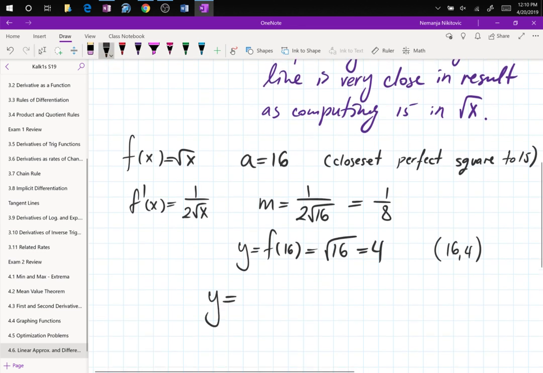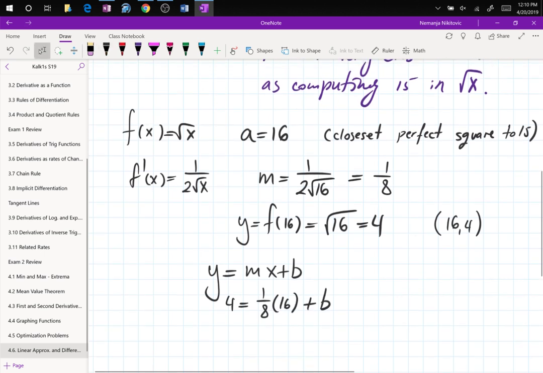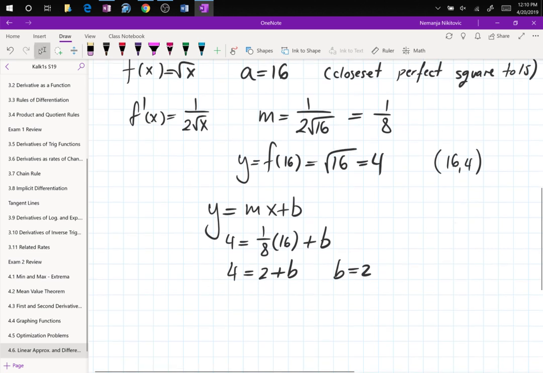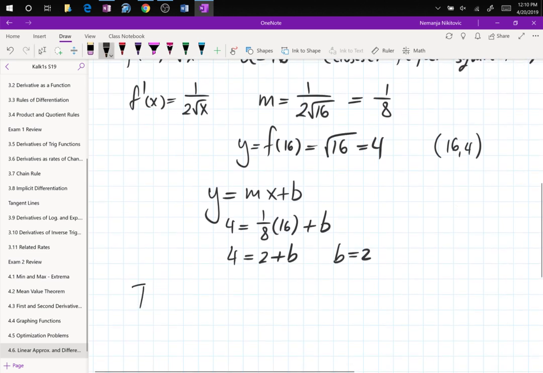So my tangent line y equal mx plus b. I need to find b. So y is 4, m is 1 over 8, x is 16 plus b. 4 is equal to 2 plus b. B is equal to 2. So the tangent line is y equals 1 over 8x plus 2.